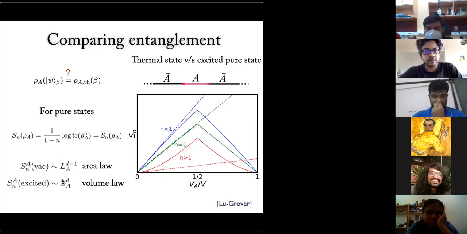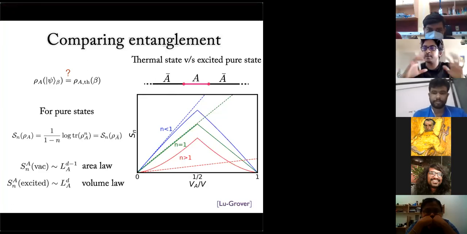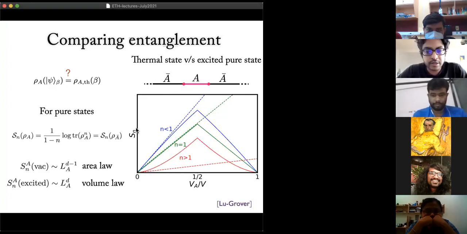That is because if you have a pure state, S of rho A is equal to S of rho A complement. I think Jyotinmoy discussed this in his lectures: the entanglement entropy of this region is equal to the entanglement entropy of the rest of the region if the state is pure, but it's not true for a mixed state. So you can see how the entanglement entropy, or the Renyi entropy, changes as a function of subsystem size.